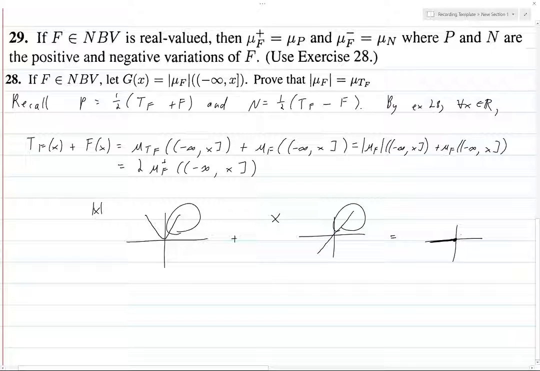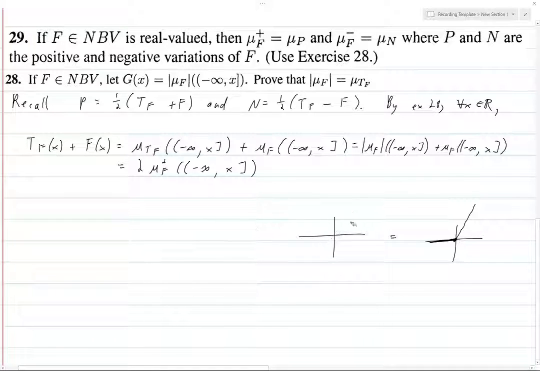And so we're going to end up with a line that has twice the slope of what these two slopes had. These two functions have slope 1 for positive x, and so this one's going to have slope 2 for positive x. And so by this same logic, when you add the total variation of mu f to mu f, you get 2 times the positive part of mu f.